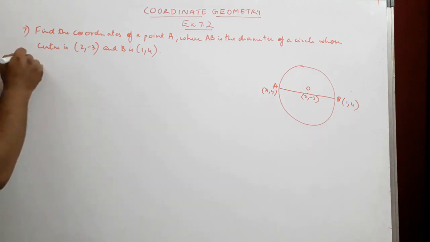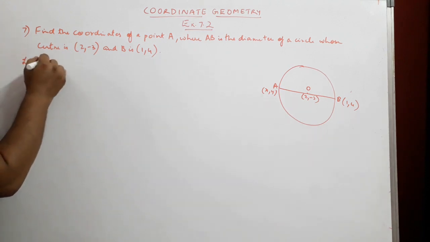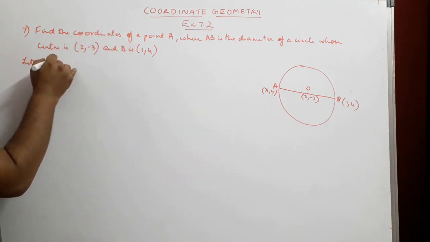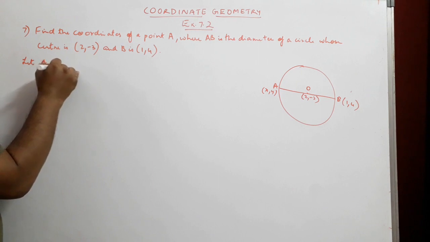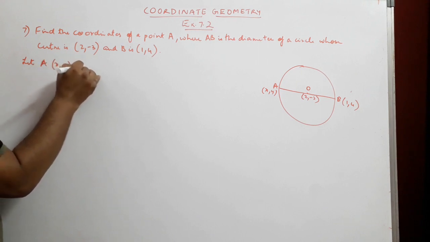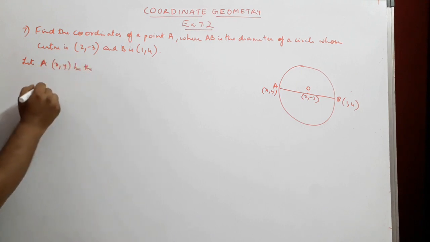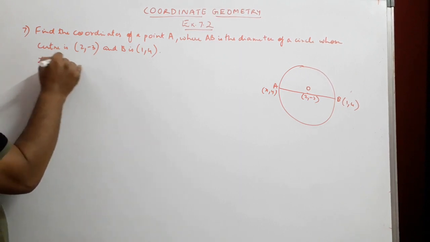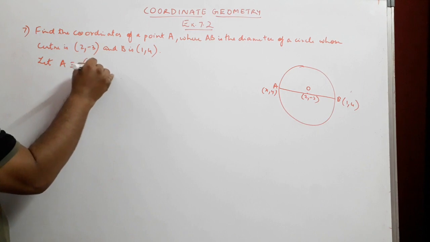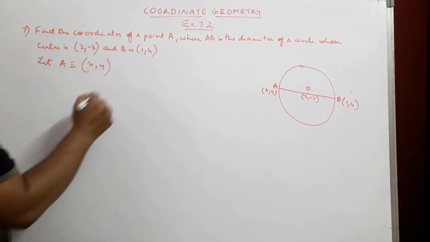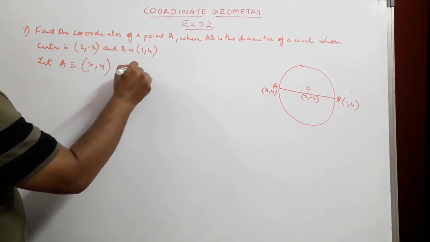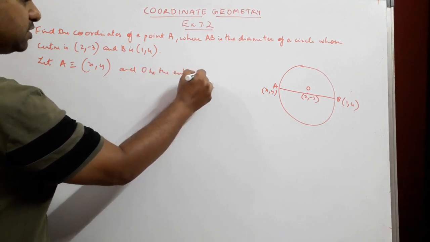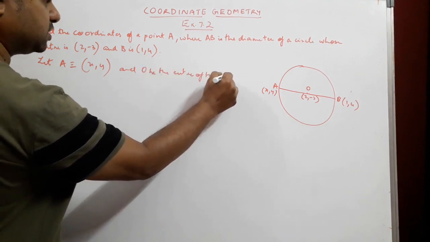So first of all we'll assume, let A correspond to x comma y and O be the center of the circle.